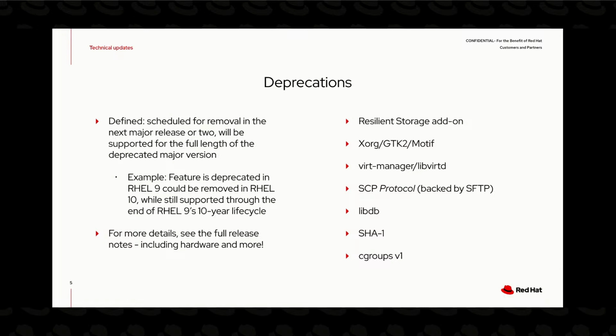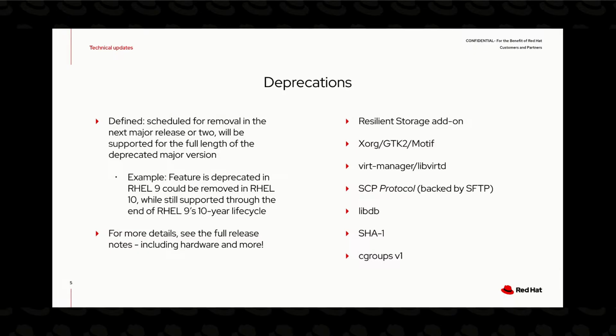The SCP protocol, not the command, the protocol. So OpenSSH has SSH, SCP, and SFTP as part of it. What we've done with SCP is we're no longer going to use the SCP protocol when you're using the SCP command to transfer files back and forth between machines.